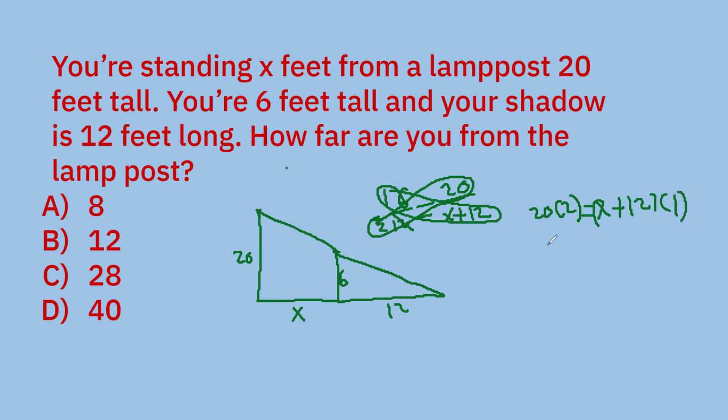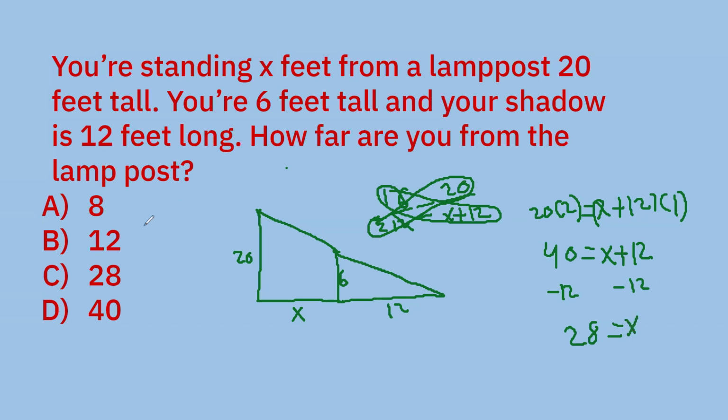And now 20 times 2 is 40 equals X plus 12. And now we can subtract 12 and get 28. X equals 28. Okay, perfect.